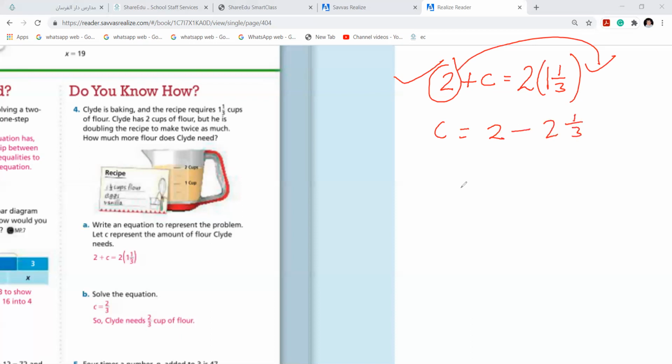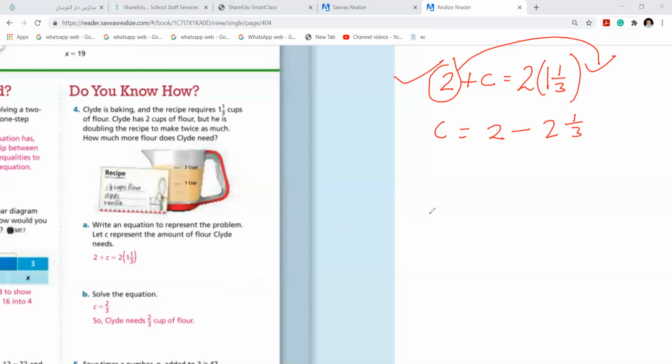And if I do it, 2 times 1 by 3, this becomes 2 over 3. Solve the equation.